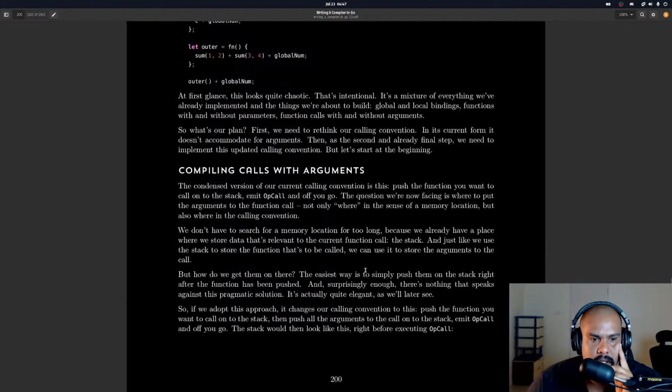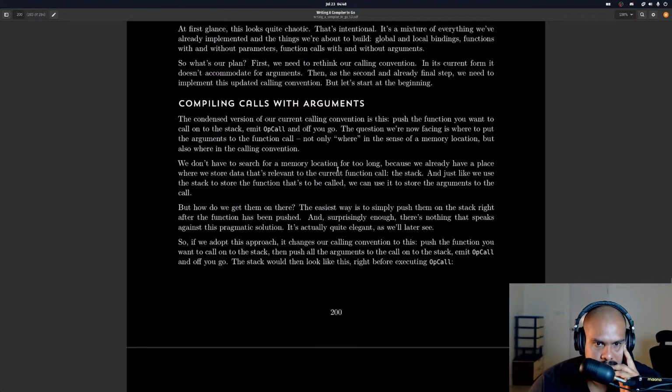Compiling calls with arguments. Yes, I'm still sleepy. The condensed version of our current calling convention is this. Push the function you want to call onto the stack, emit opcall, and off you go.